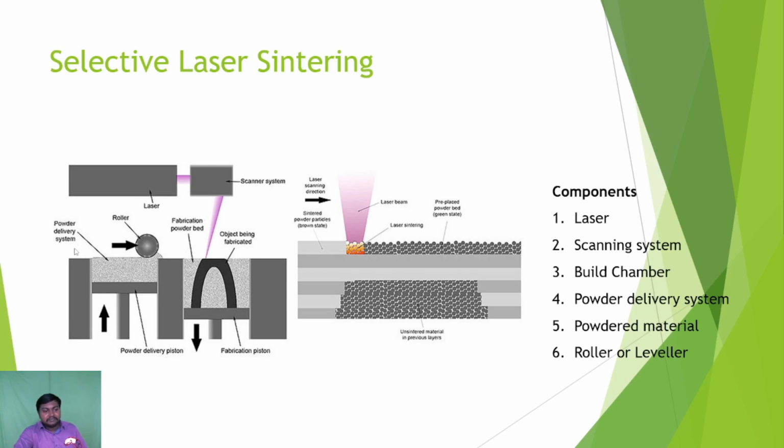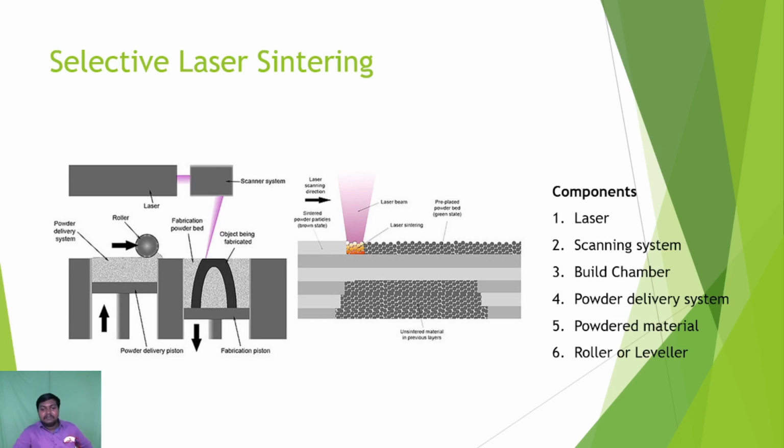The powder delivery system has one piston, and it will move up and down, and it will supply powder to the roller, and the roller will supply the powder to the fabrication bed, and the fabrication bed will move up and down by piston. And in this process the sintering will happen.